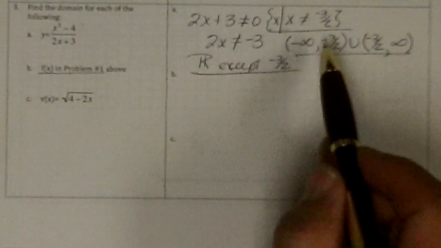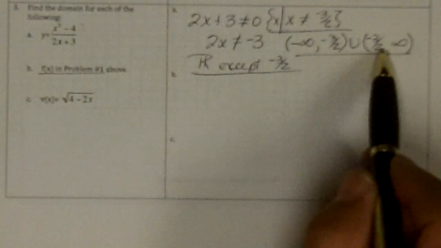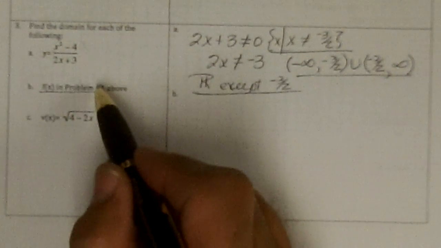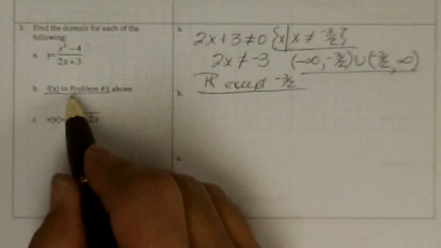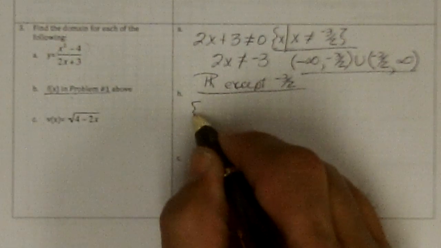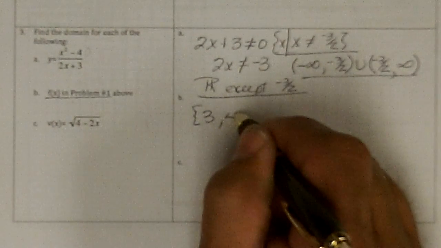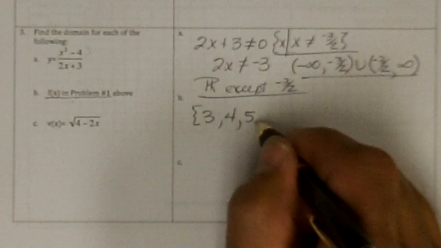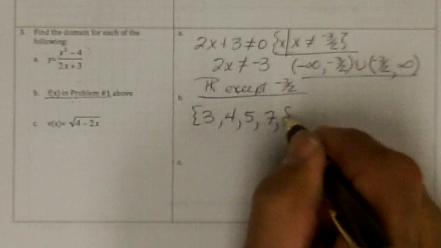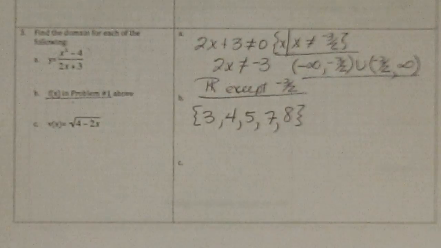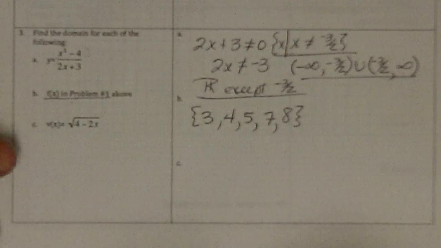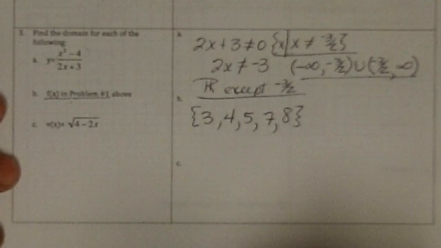So we can't necessarily do something like between negative 3 and 8. It's only, and so we'll just list those numbers, 3, 4, 5, 7, and 8. That's the easiest way to list the ones that it can be.